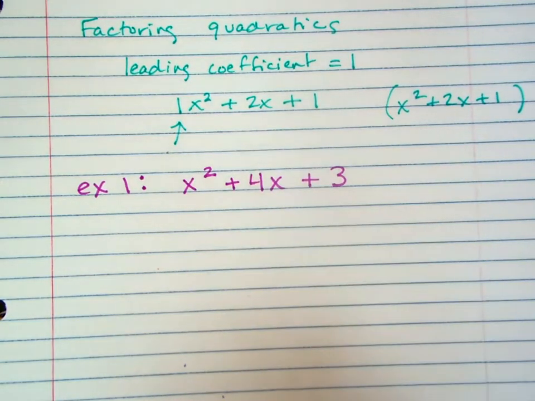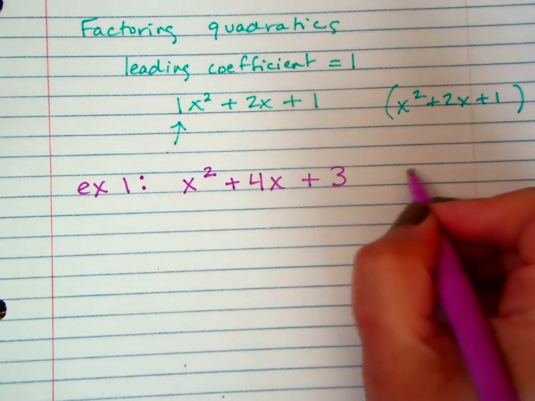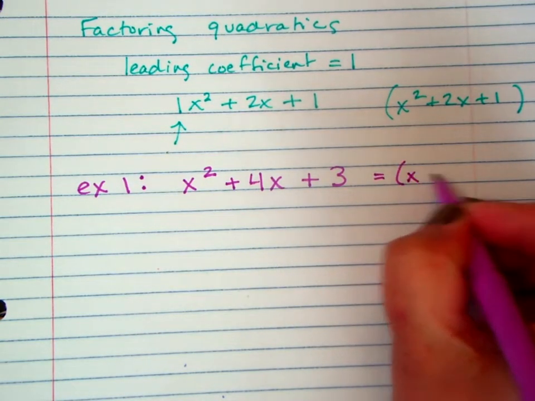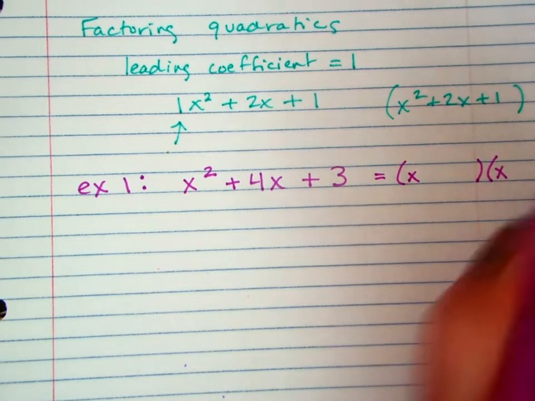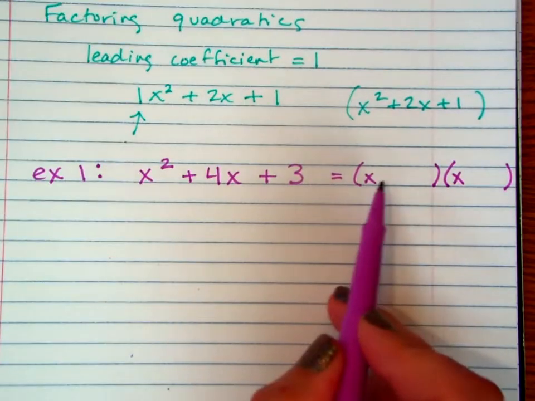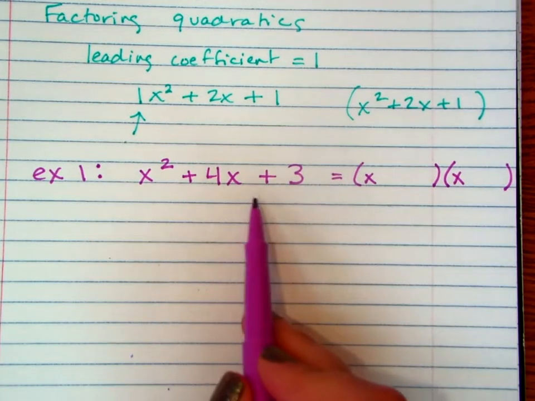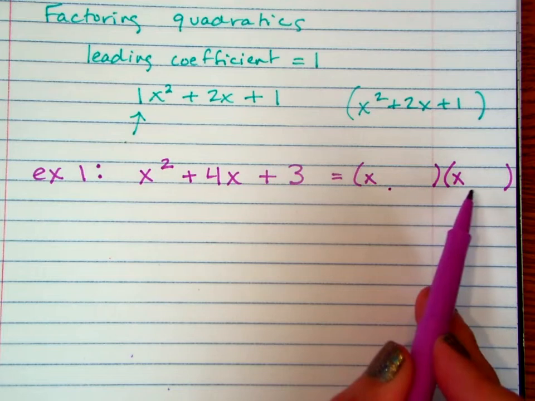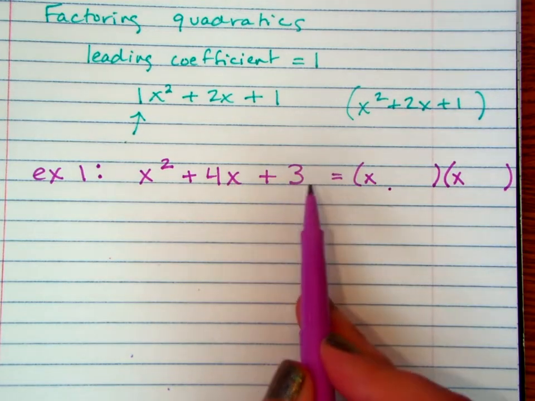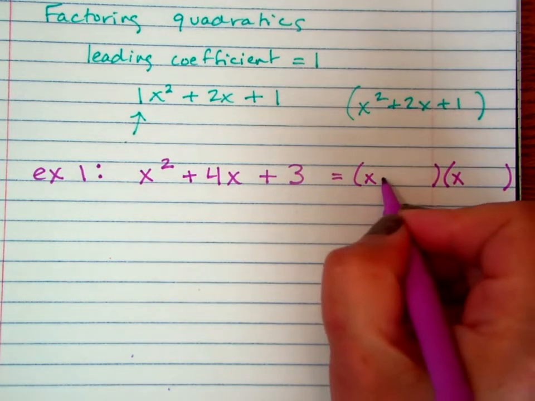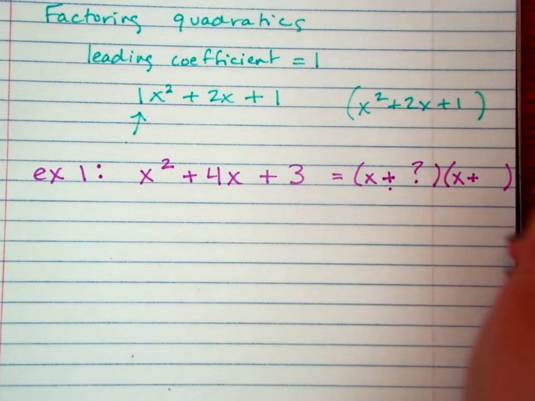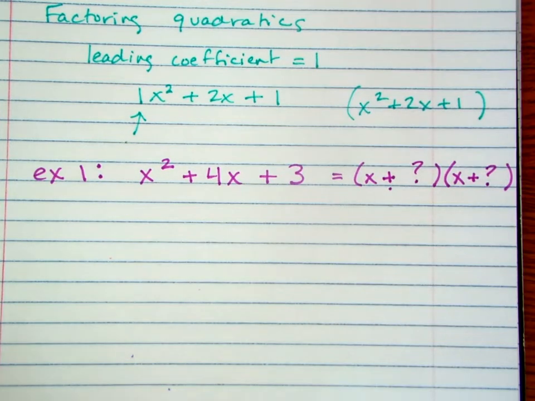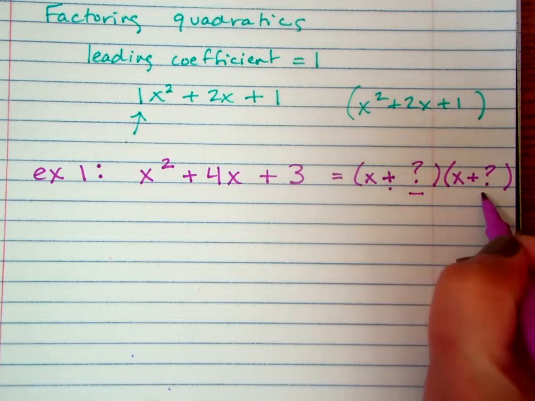Now, if you go with the reverse, we're going to have an x and then something, and then another x and something. So our factored form will be x blank something, x blank something. Now, in the two numbers, since all of these numbers are positive, these are going to be plus. So now what you're looking for is what is this number and what is this number? If you look back at the factored form ones, these are the two last terms here.